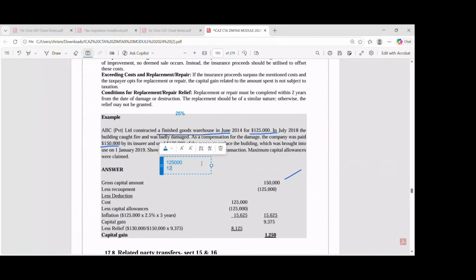So I claimed the whole 125, confirm. In other words, I have zero in terms of the tax base. What it means is, if this was now damaged but I was compensated, I have to calculate recoupment.